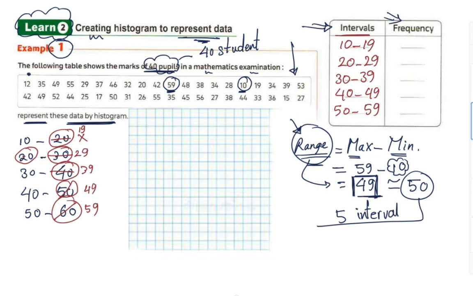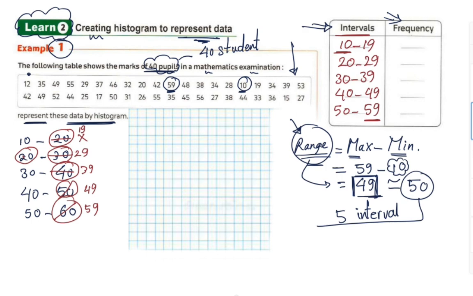Now I start from the minimum degree and end with the maximum one. We start from the smallest and end with the biggest. Okay, now note with me.